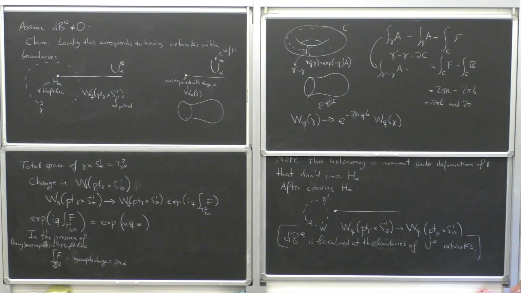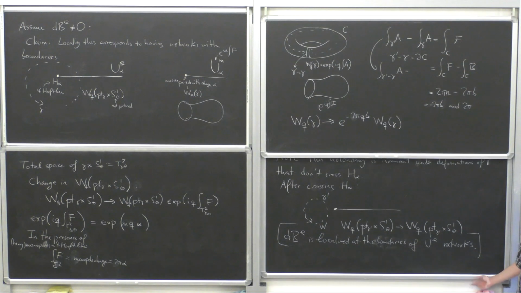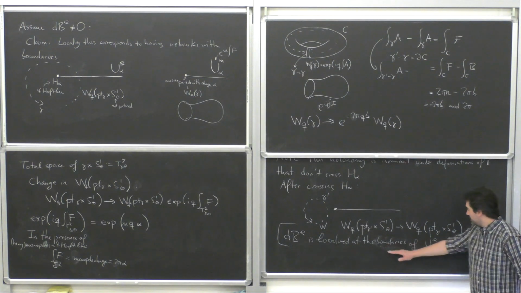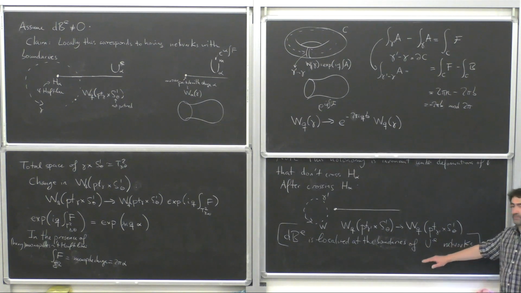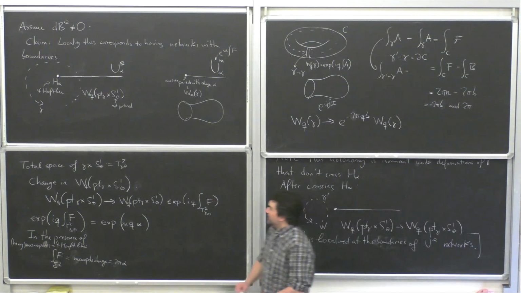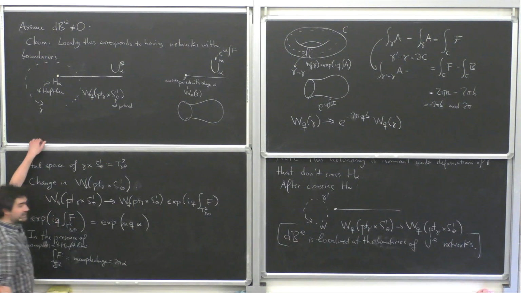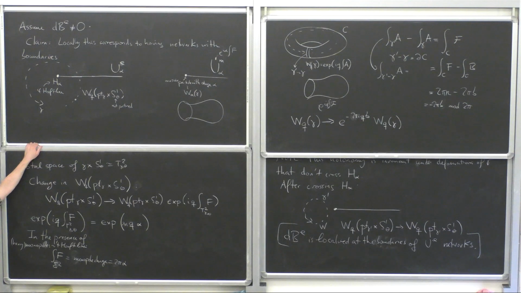But we can translate this into more concrete physics that has an interpretation in the continuum. As I mentioned, the boundaries of the U_E networks, those are 't Hooft lines. So those are massive insertions of monopoles. So from this calculation, I would expect that introducing a monopole density in my theory, putting a background of monopoles in the continuous formulation, will lead to having a non-flat dB.